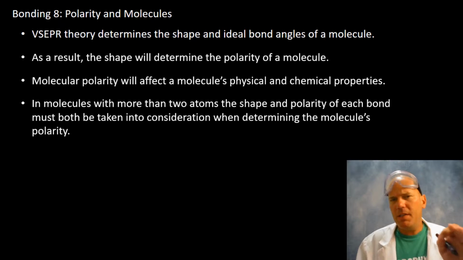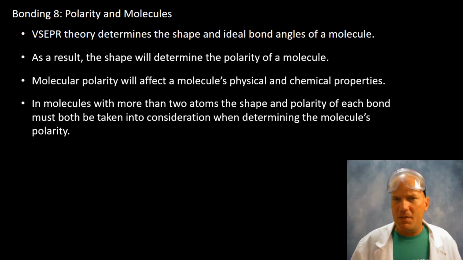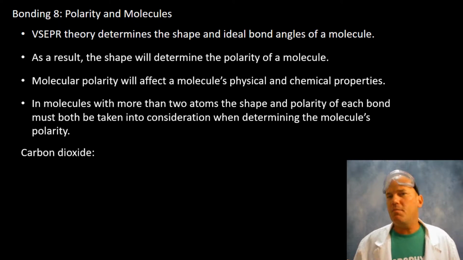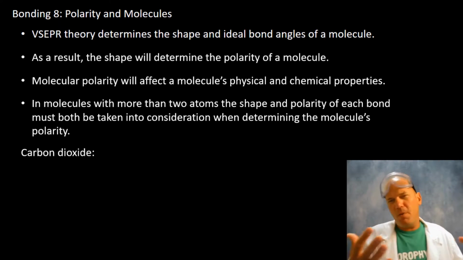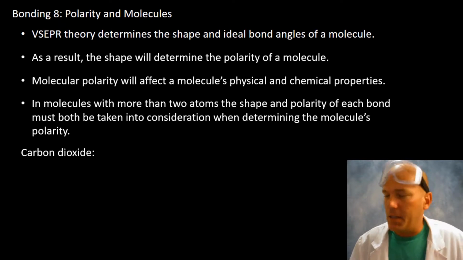All right, so we need to consider those things. And as you've learned throughout this course, there's also exceptions, and we're going to get to some of those when we start looking at even more complex molecules, where there's actually parts that are polar and regions that are nonpolar, okay, which is a reality.